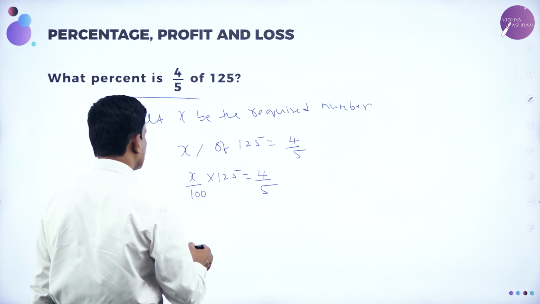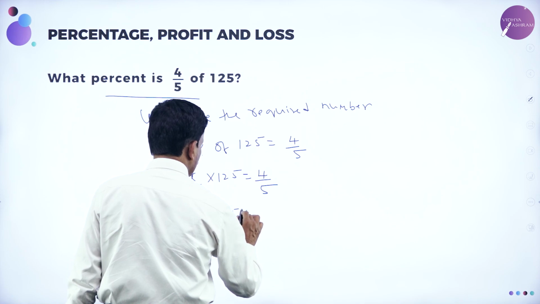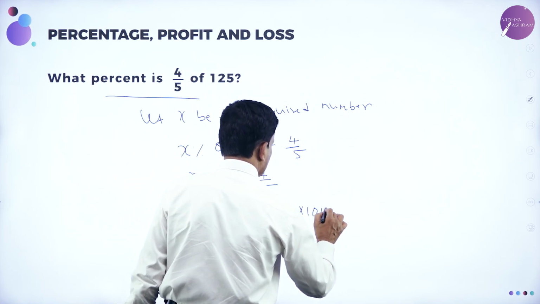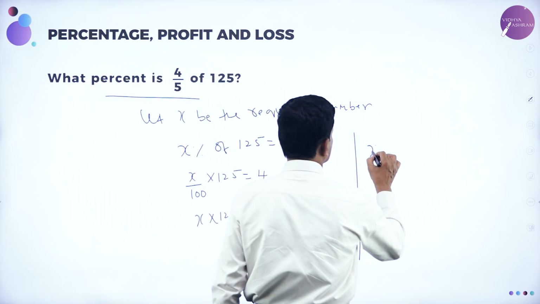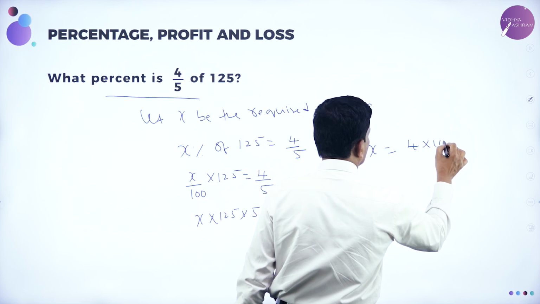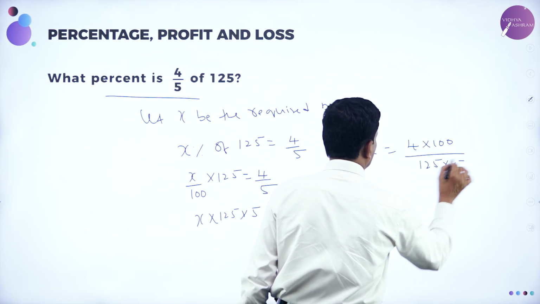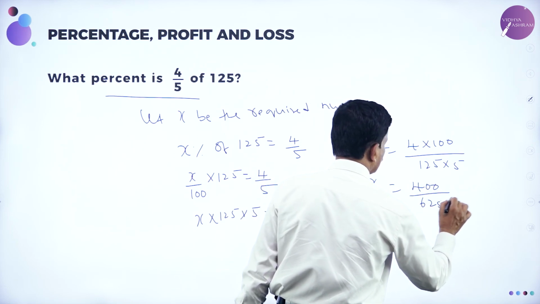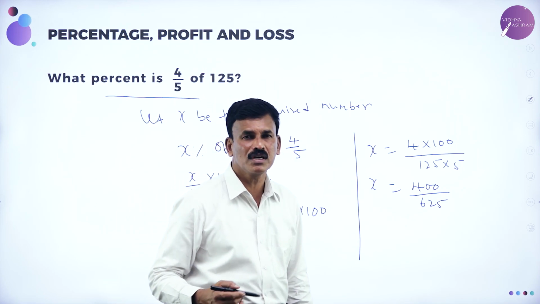Just cross multiply, that is it. X into 125 into 5 is equal to 4 into 100. Now, x is equal to 4 into 100 divided by 125 into 5. 4 into 100 is 400. 125 into 5 is 625. 400 divided by 625 will give the answer.